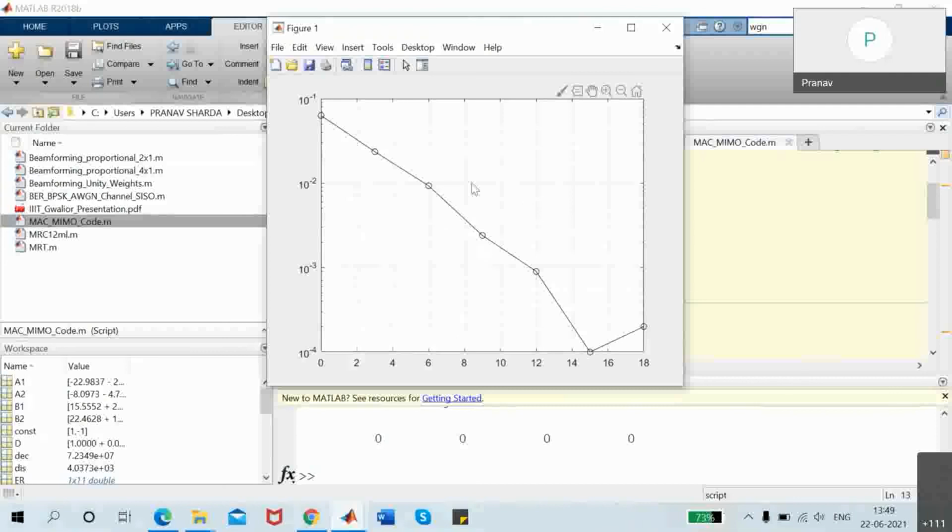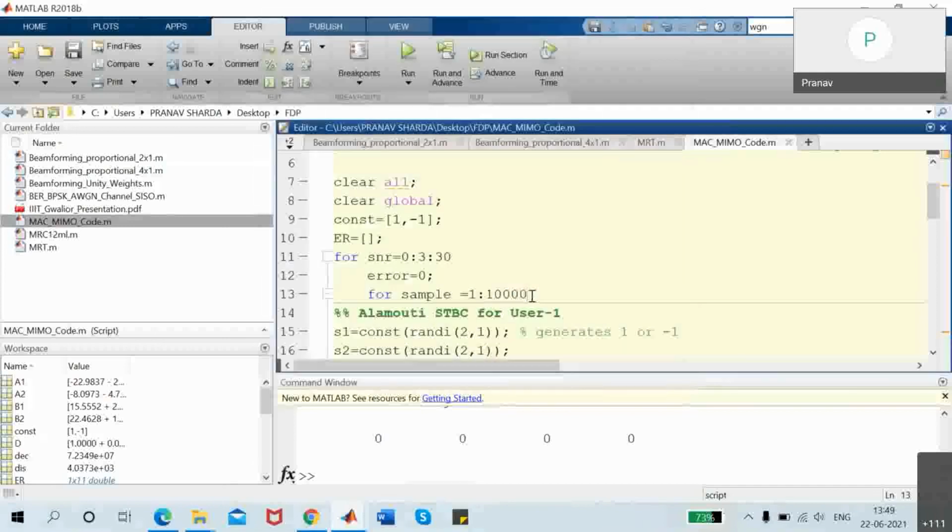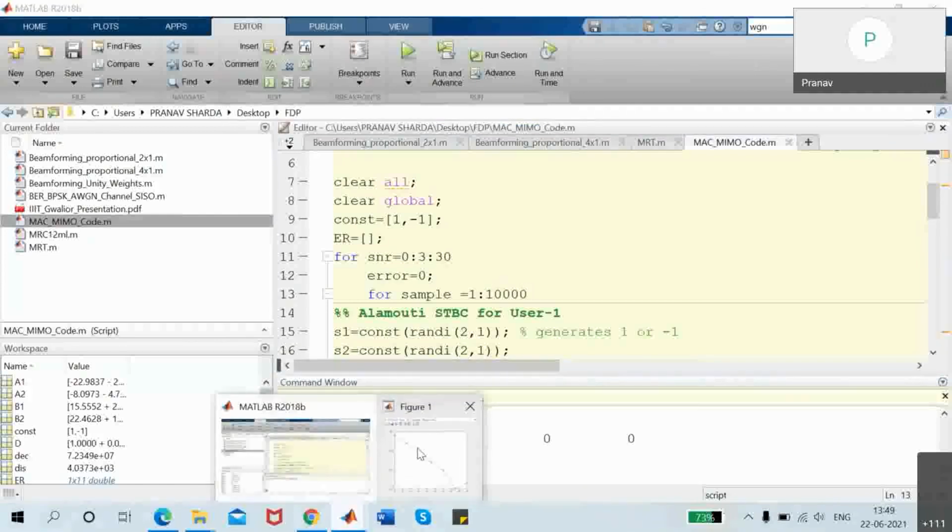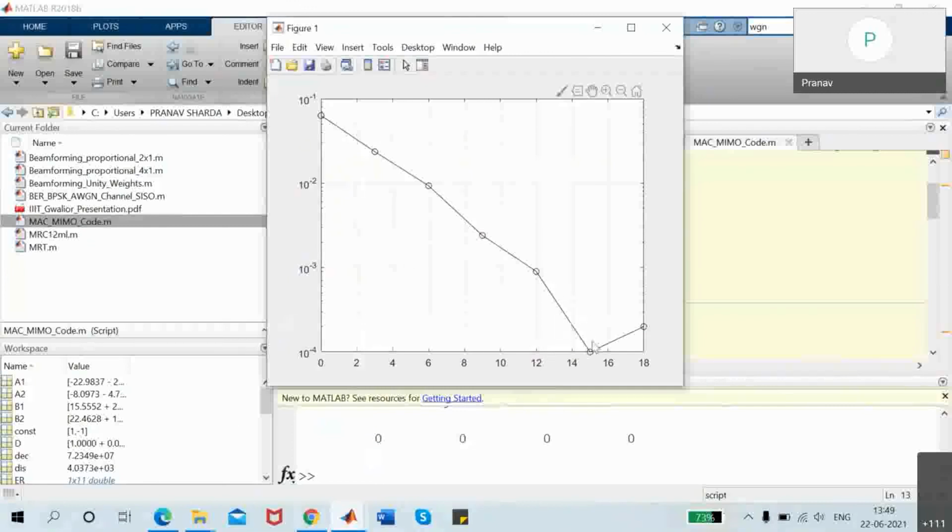So the averaging is better when you take a nominal number of iterations. I took a fair value, 10 raised to power 4, just to see the trend, because it takes less time. If I take 10 raised to power 5, it will take more time to show this plot.